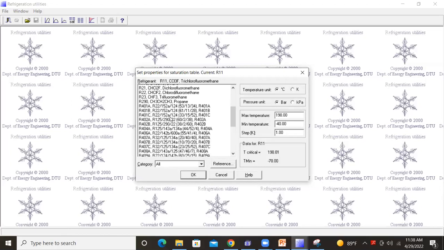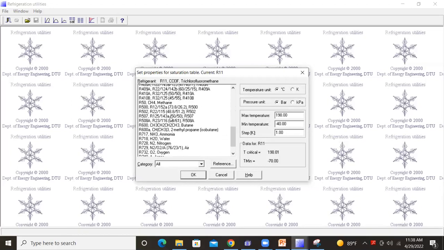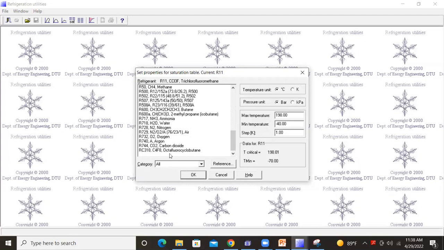Let's say this is water. Looking for water data from this. Water is in refrigeration, this is R718.